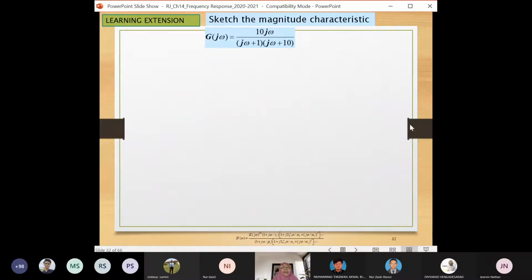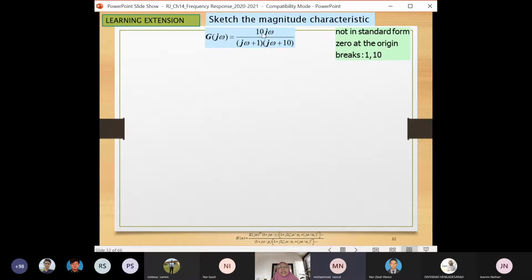Another example, maybe this one is easier to understand. Given a transfer function G(j omega) equals 10 j omega over (j omega plus 1) times (j omega plus 10). Here obviously you have two poles and one zero, because the numerator has only one expression and the denominator has two expressions.